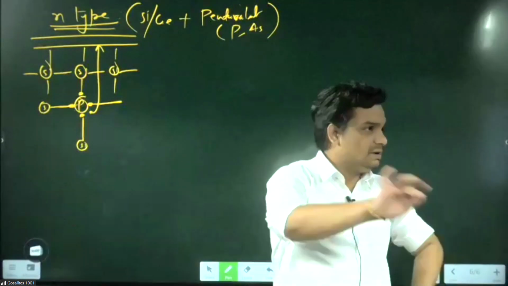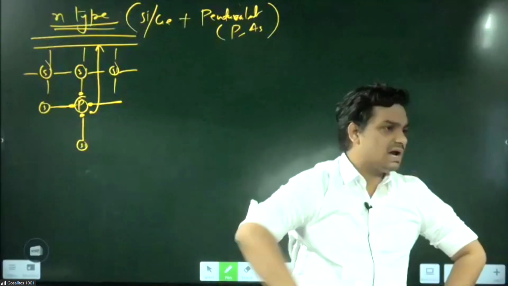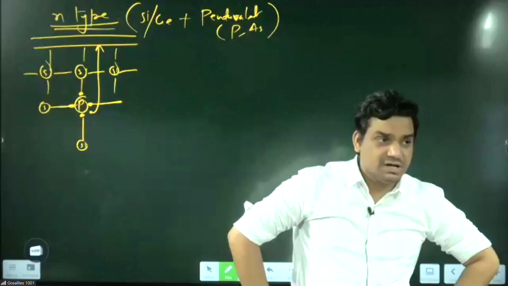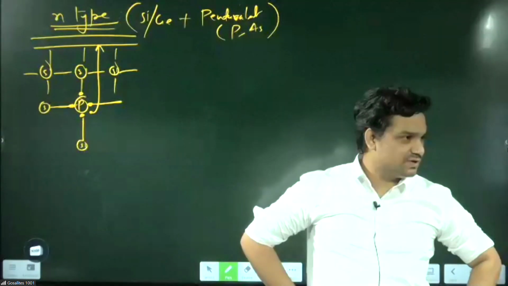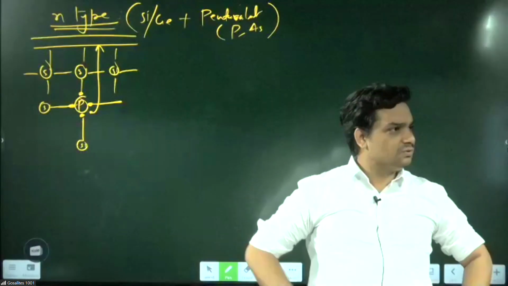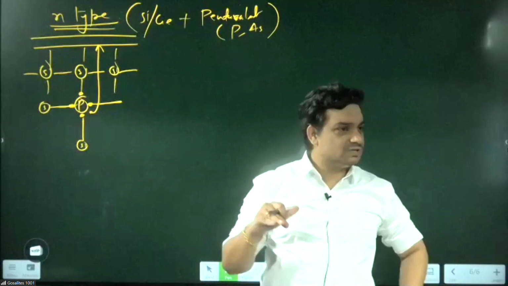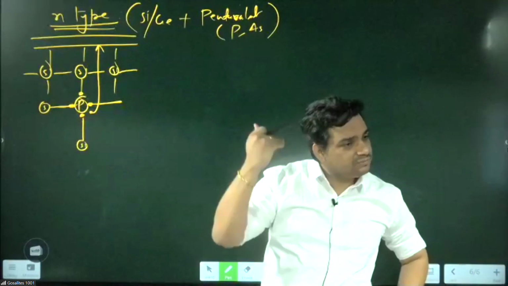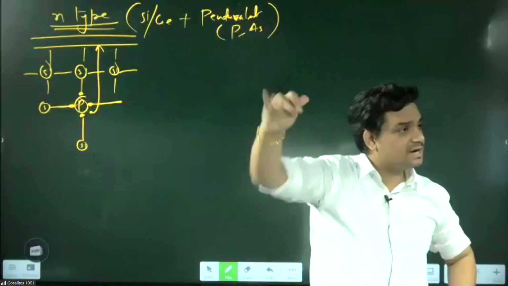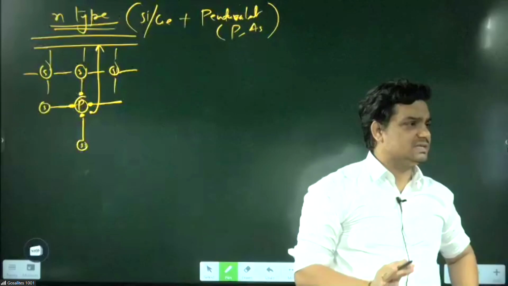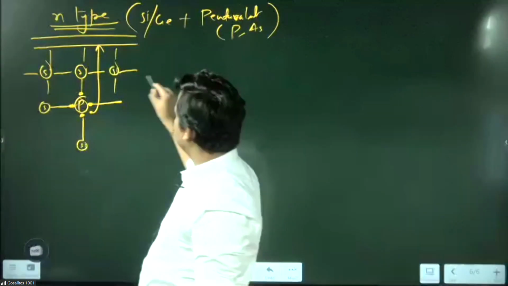In the party 4 are engaged, and phosphorus says only 4 bonds can be formed. So the fifth will go away from the party, which means it will become free. So here one electron becomes free.